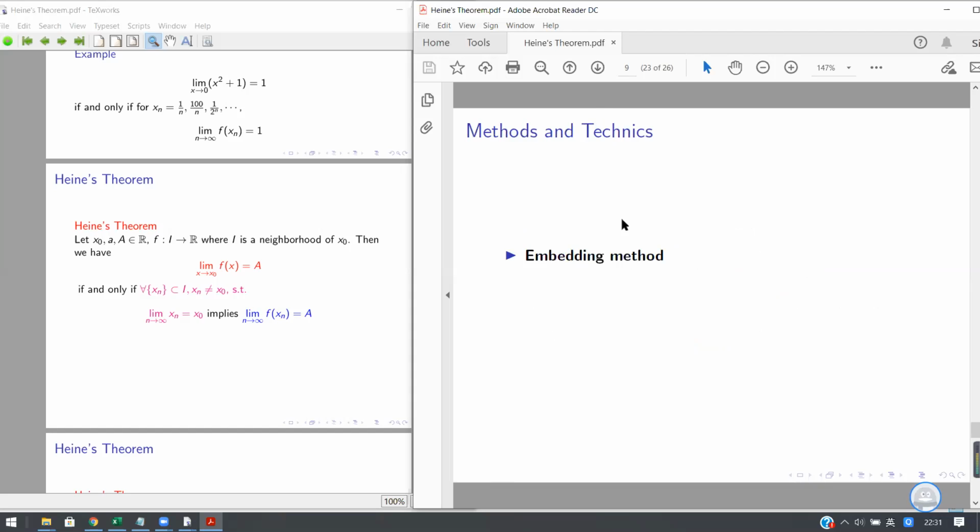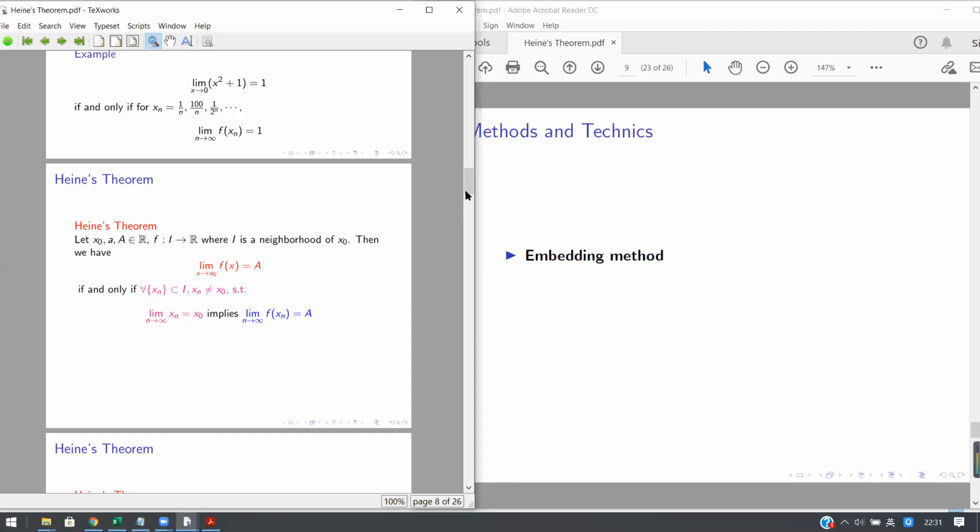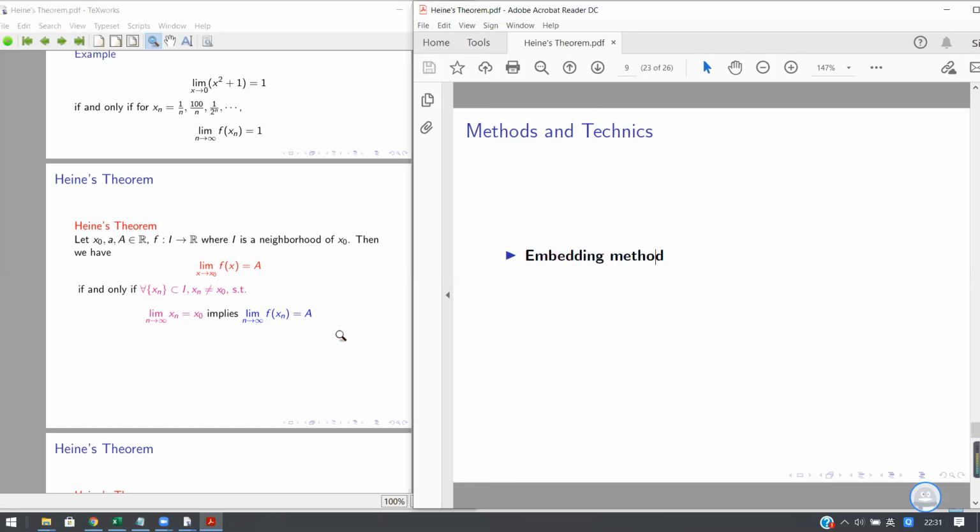Now let's firstly conclude some methods and techniques we applied during our proof. The first one is the embedding method. I just gave it this name, okay?